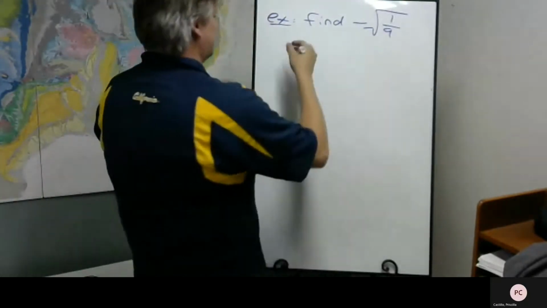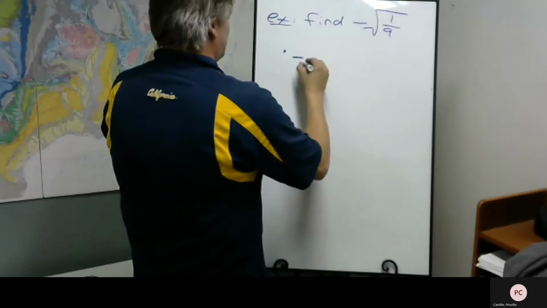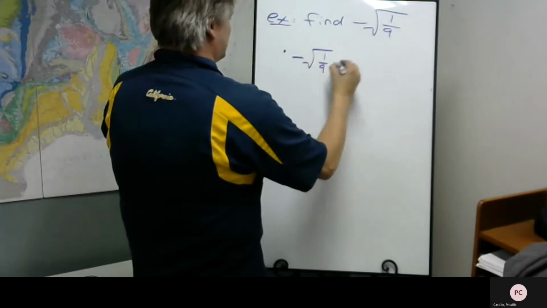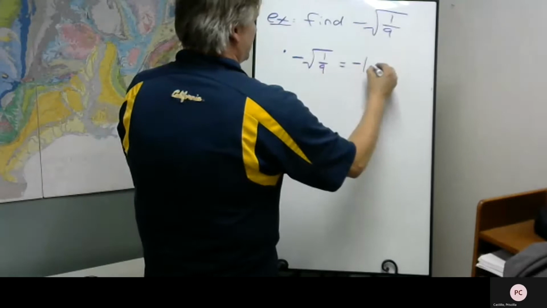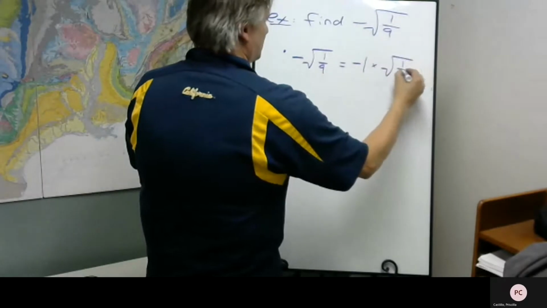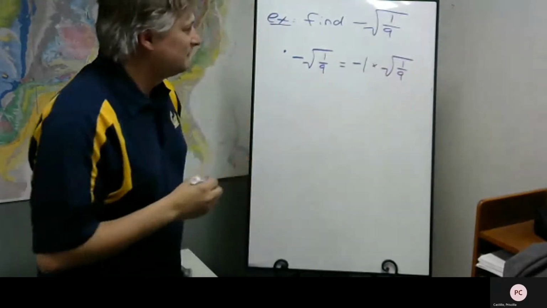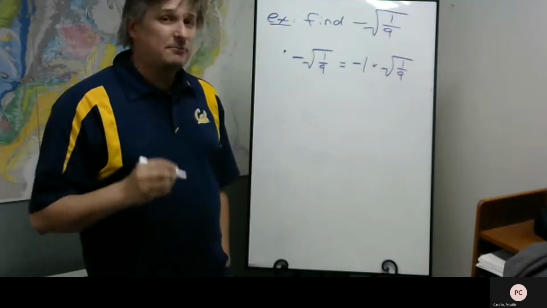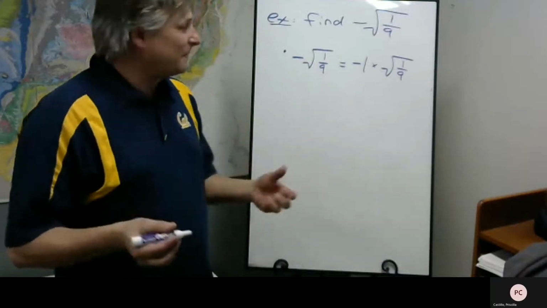The other approach is take negative 1/9 and let it be negative times the square root of 1/9. Then we can just think about the positive.